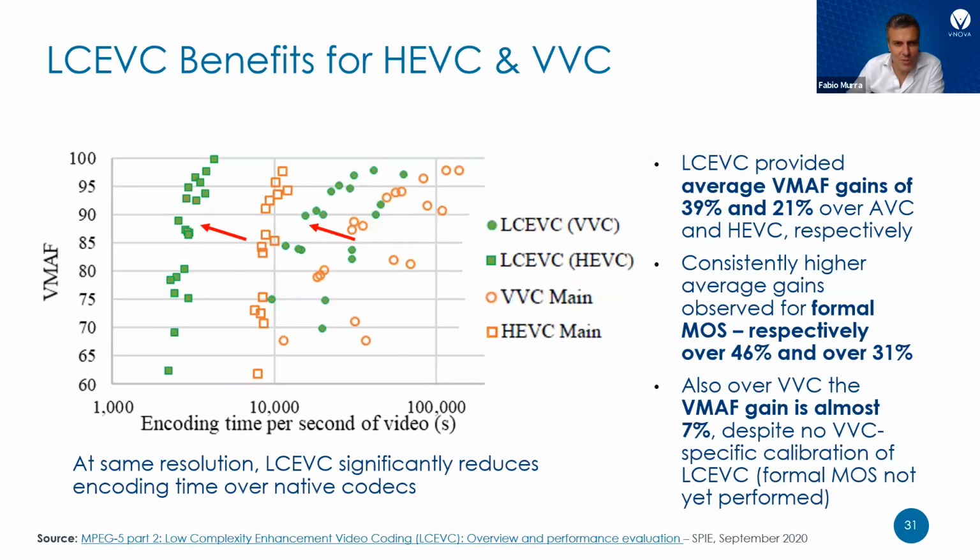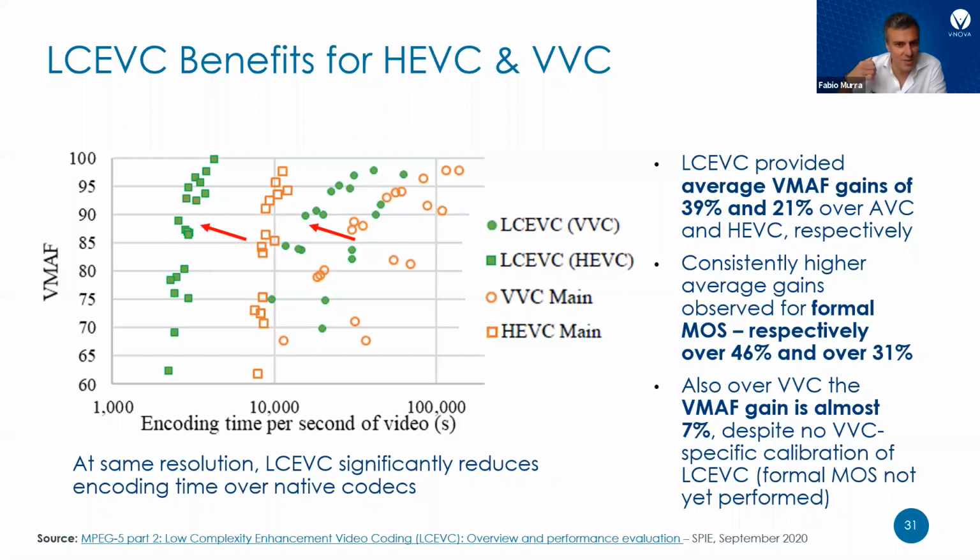I talked a lot about 264 and 265 because those are codecs that are available today, and one of the unique selling points of LCEVC is that it's deployable today as a software retrofit on existing platforms, whether it's mobile or not, consumer devices. But its benefit expands to future codecs as well.